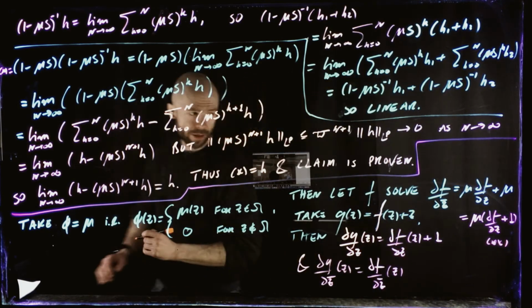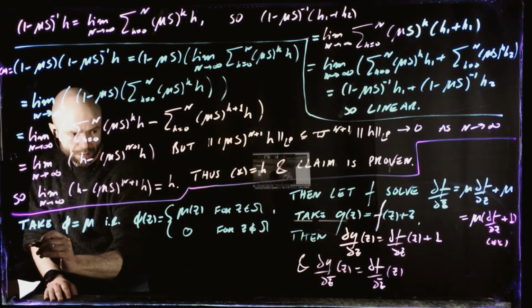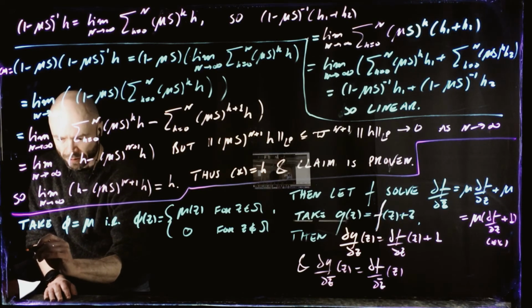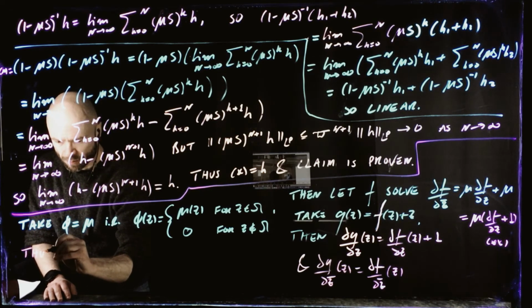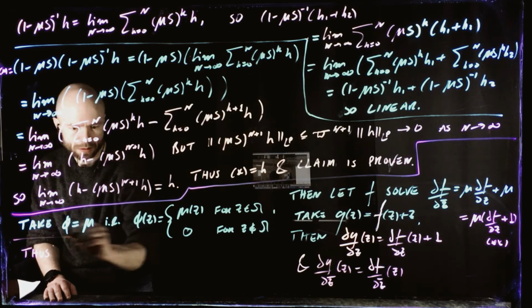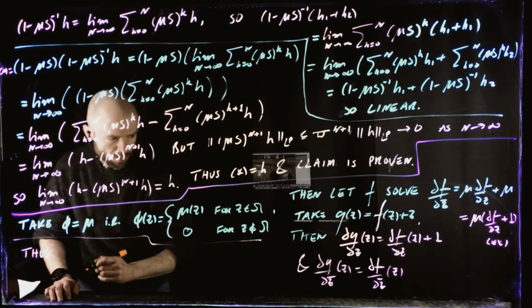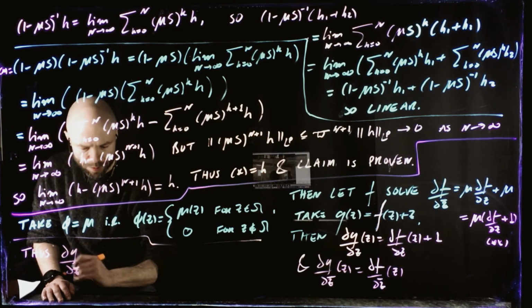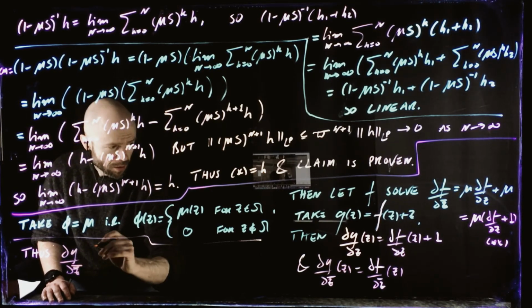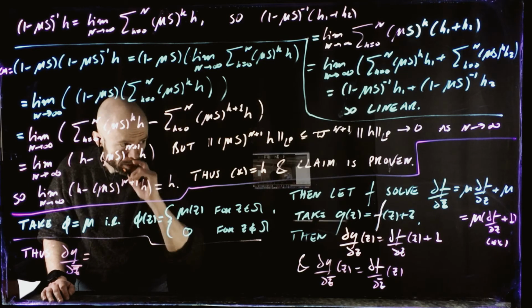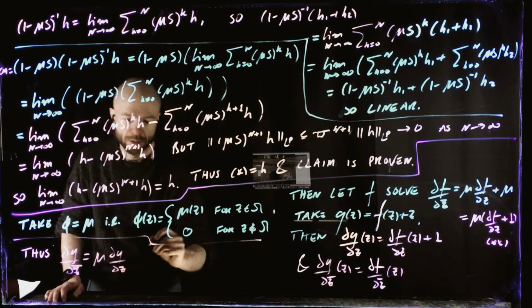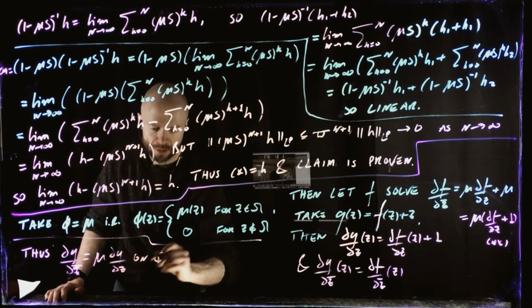So continuing down here. This is not good board management. Thus, we have that dg by dz bar is equal to mu dg by dz on the entire complex plane.